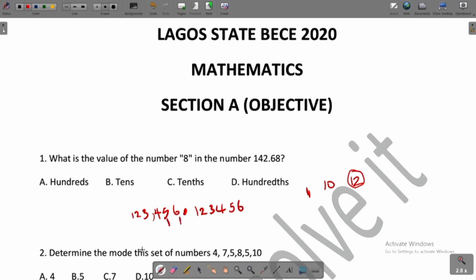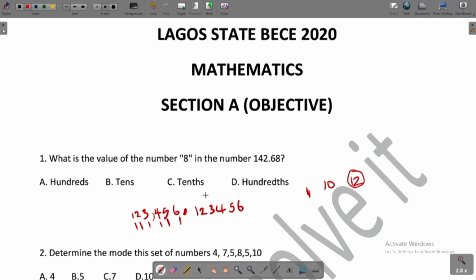Here you have the 10, here you have the 100, here 1,000, here 10,000, and here 100,000. So to understand it, you follow this pattern: units, tens, hundreds, thousands, and so on.